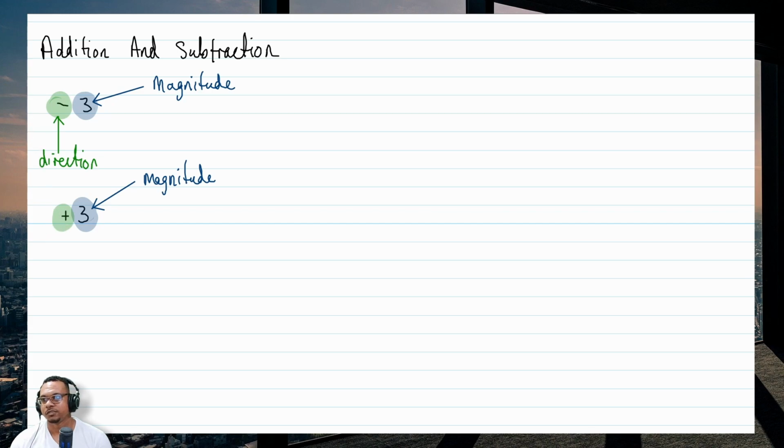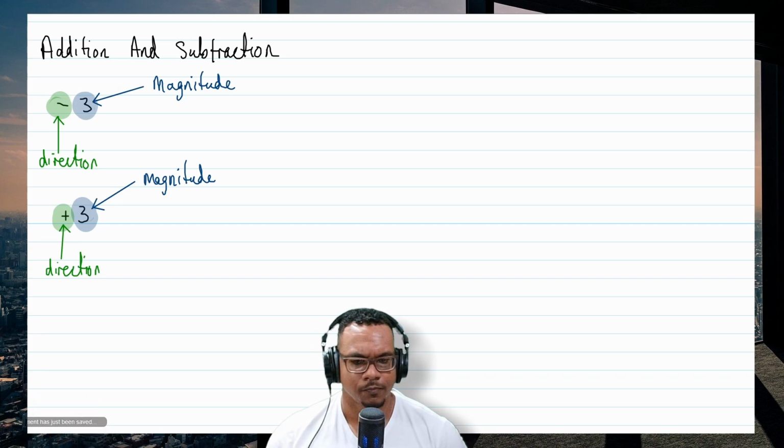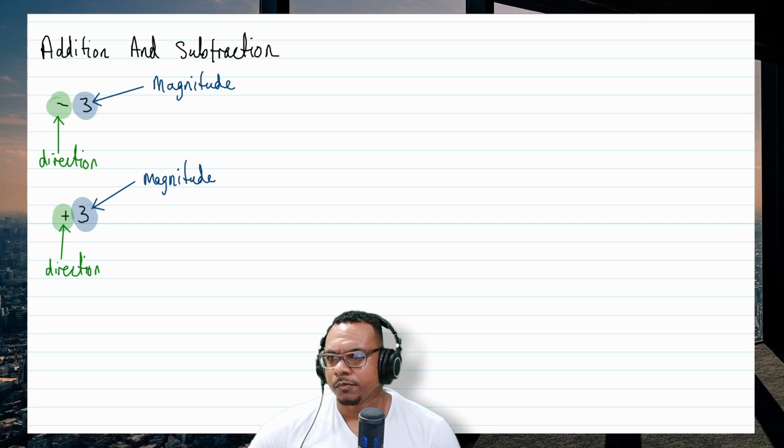Now, I don't want to just give you rules, so I want to go into a little explanation as to why things happen the way they happen. Now, when we look at a number line, so pull up a number line.